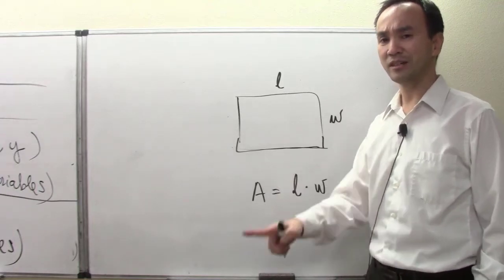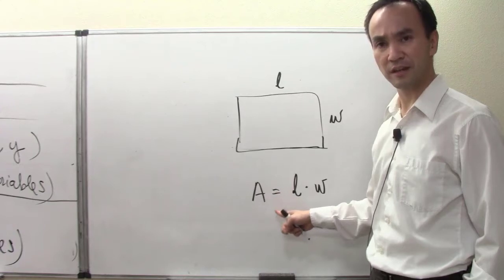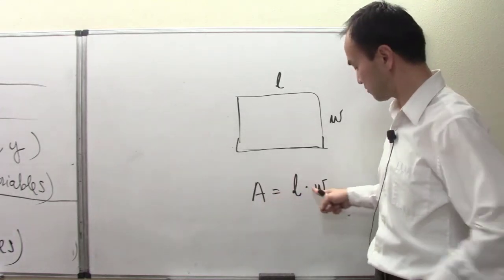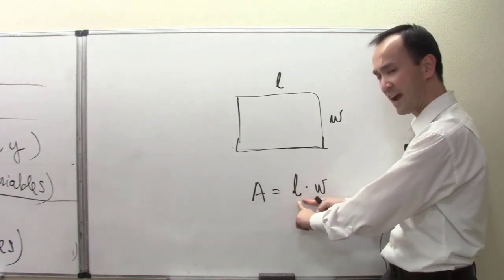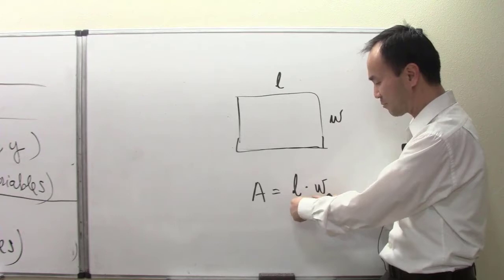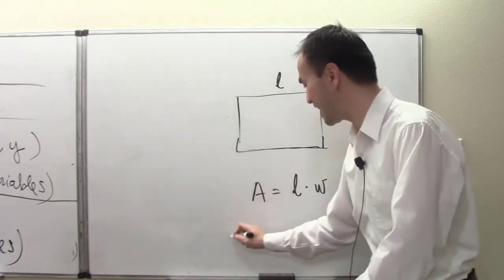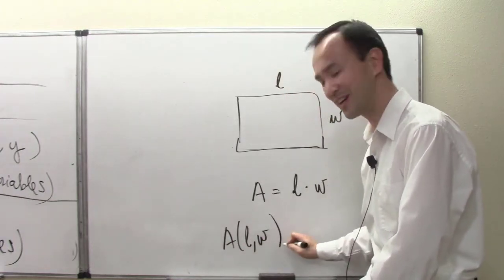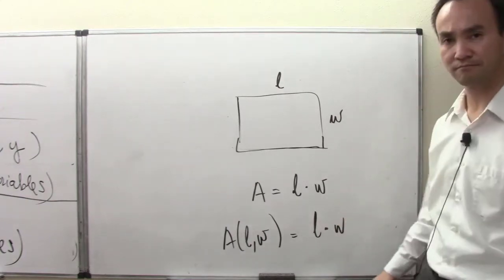But now as we look into this a little more closely, we realize, wait a minute, this is a function I can treat. The product of length times width, where we have two variables, gives an output. So I can see the area as a function A of L comma W, with the rule being length times width.